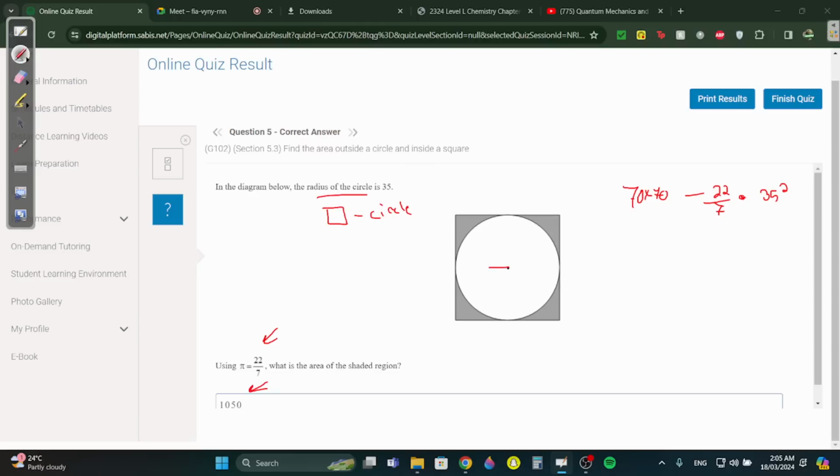All I did was, this was 35, I doubled it to get the whole side, so 70. This is also 70 because it's a square. Then I found the area, 70 times 70 minus the area of the circle, which is pi r squared, and I get the shaded region.